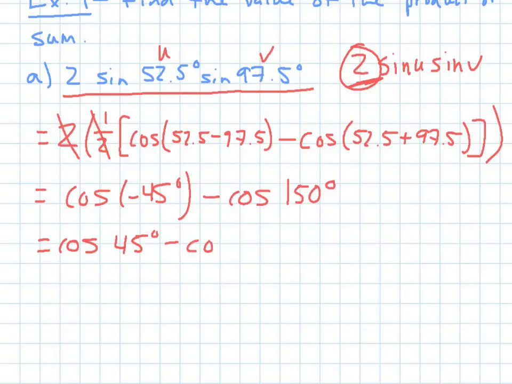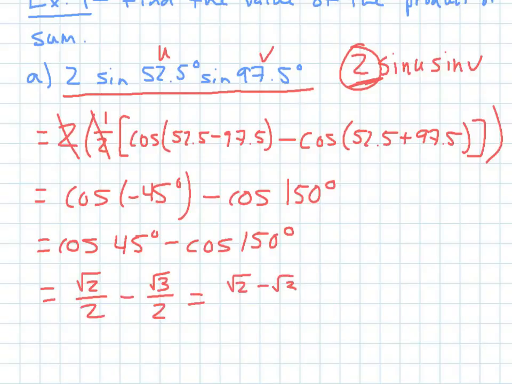That's one of your even-odd properties because cosine's even. And so then cosine of 45 is the square root of 2 over 2 minus cosine of 150, which is the square root of 3 over 2. So subtracting those two, you get square root of 2 minus square root of 3 over 2 if you put them together.